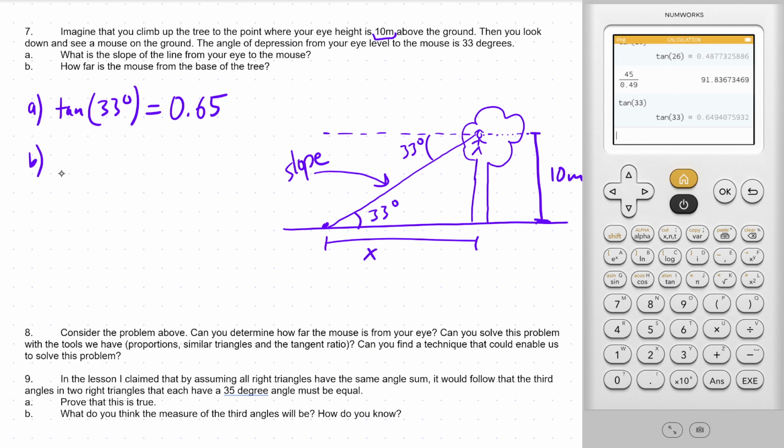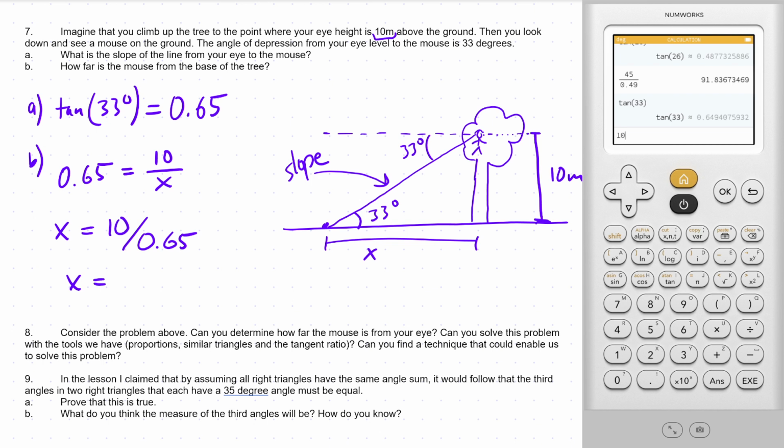So let's see. The slope is 0.65, and we know that slope is rise over run. So 10 over x. And solving this for x, we multiply both sides by x and divide both sides by 0.65, and we'll get x is equal to 10 divided by 0.65.